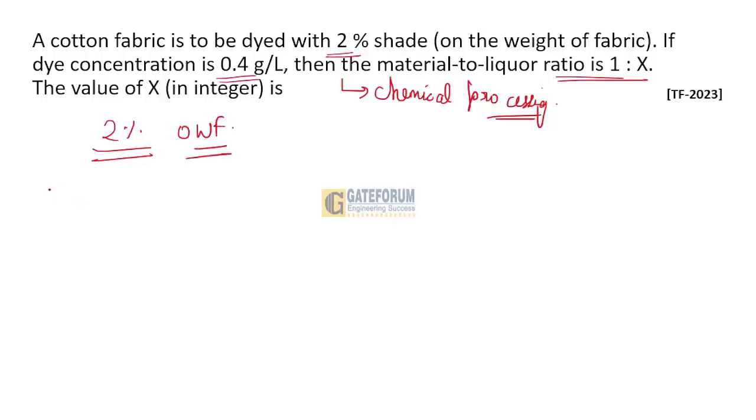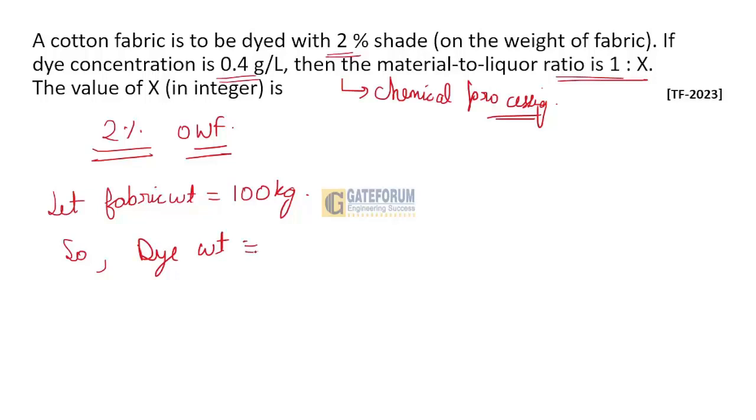So let us suppose the fabric weight is 100 kg. So what is the weight of the dye? Dye weight is 2 upon 100 into 100, means 2 kg is the dye weight.